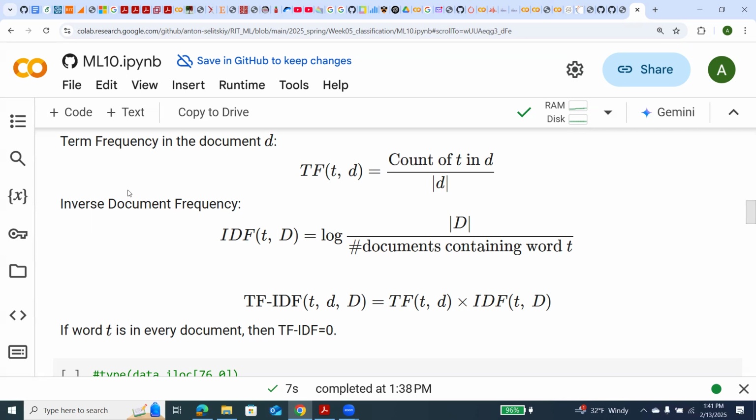Inverse document frequency counts how many times this word was mentioned in different documents. And the idea is that if this word was mentioned in all the documents, this word maybe is not important. So for example, if the word was mentioned in all documents, this fraction will be 1. And log of 1 will be 0. So when you multiply by this, you will just assign 0 value to this very frequent token. Does it make sense?